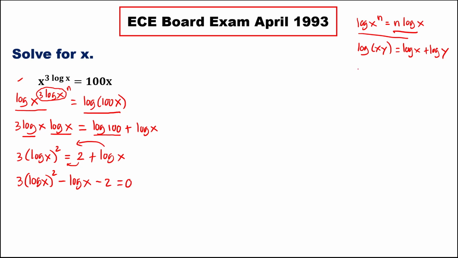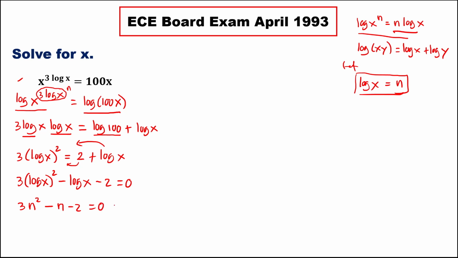Now take note that if we let log x equals n, therefore this becomes 3 times n to the power 2, minus n, minus 2 equals 0.